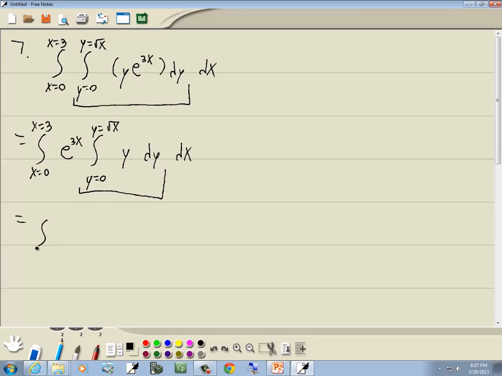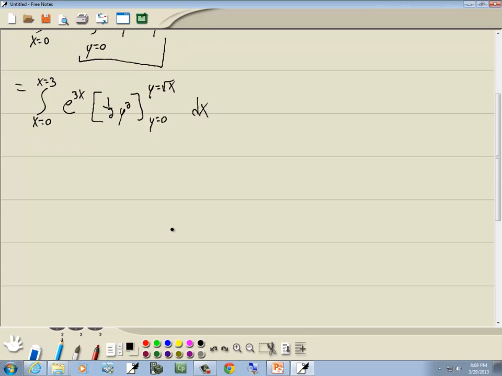Okay, so I got x equals 0 and x equals 3, and then e to the 3x. And then the integral of y: add 1 to your power, divide by the new power, so that's 1/2 y squared. Now the 1/2 I could put completely out in front if I wanted to, so I never have to worry about it. And we got e to the 3x here.